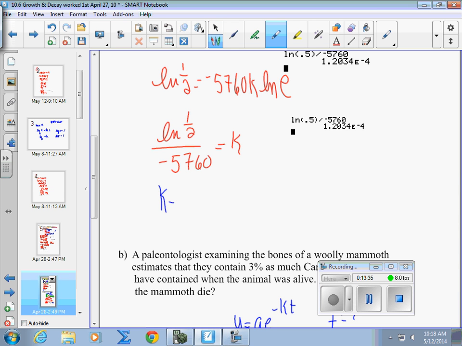So K is equal to decimal 0.00012. That is the constant for carbon-14.